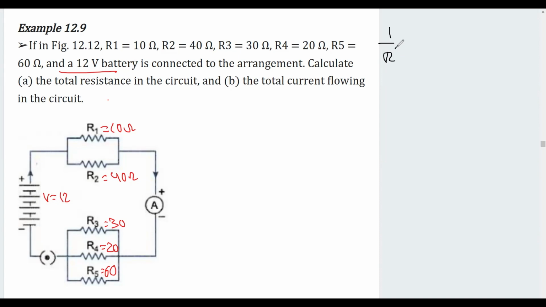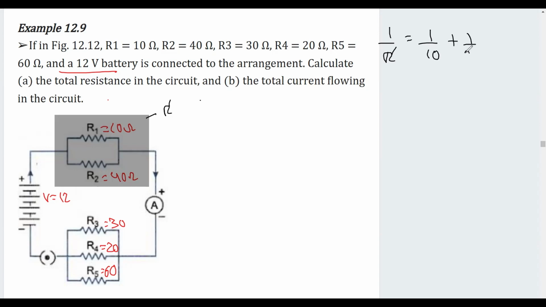Say I use R dash for this whole region. I once again mention, for this whole part I'm using R dash, that is the equivalent resistance of these. So 1 over R dash is what? 1 over R1, which is 1 by 10, plus 1 over R2, which is 1 over 40.